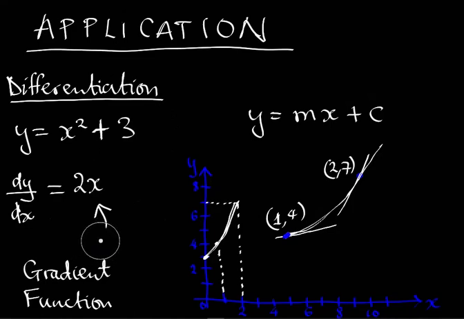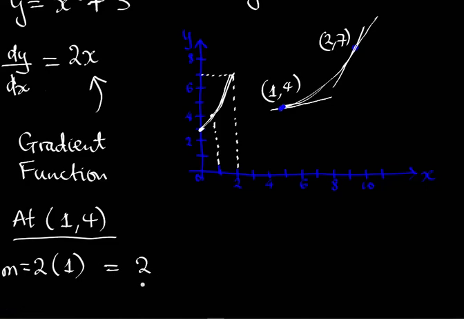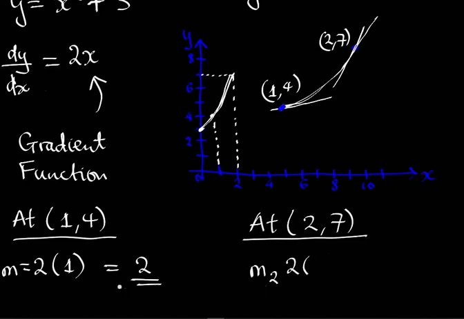The gradient using this formula at the point (1, 4) is going to be 2 multiplied by 1. If you want, you can say m. So m is going to be 2. At the point when we have x equal to 2, we can say that's m1, this is m2. We're going to have our gradient being equal to 4.